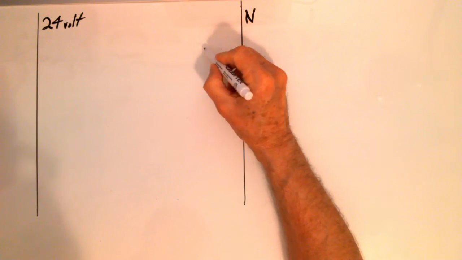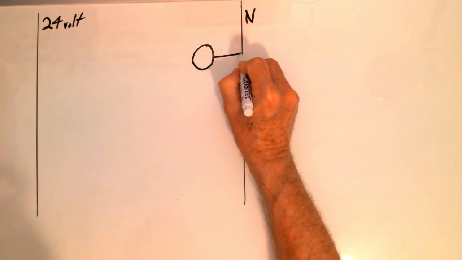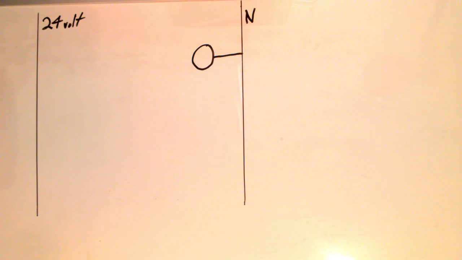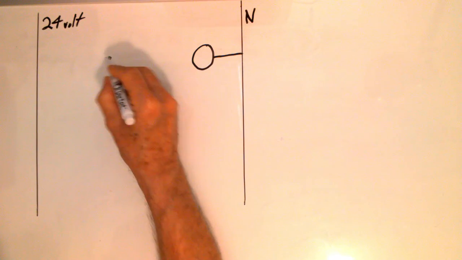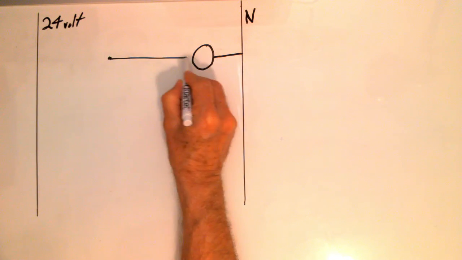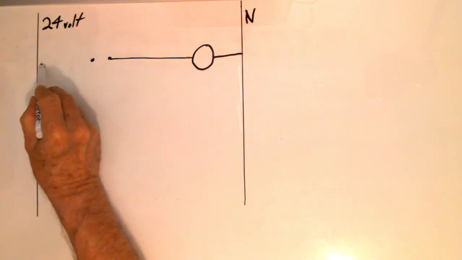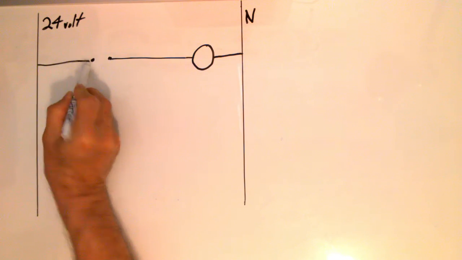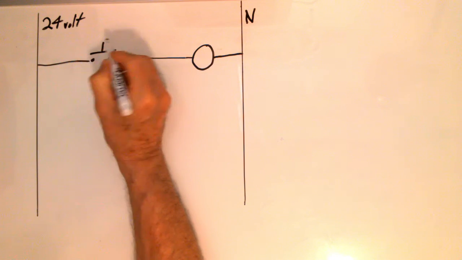Now then, one of the other things that we've mentioned so far in our discussions is that we have a relay or a contactor coil which can be used to start anything, put it into motion, and what I have is a momentary push button.